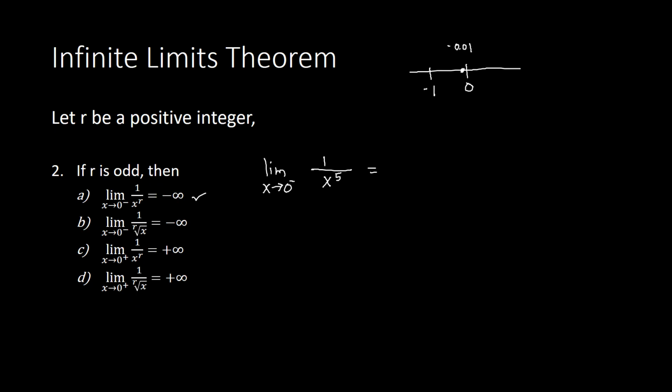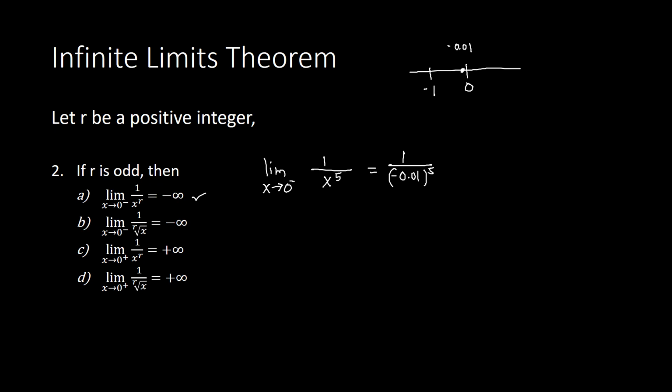If I replace that here, 1 over negative 0.01 raised to the power of 5, notice once you've got an odd exponent, that will become a negative.